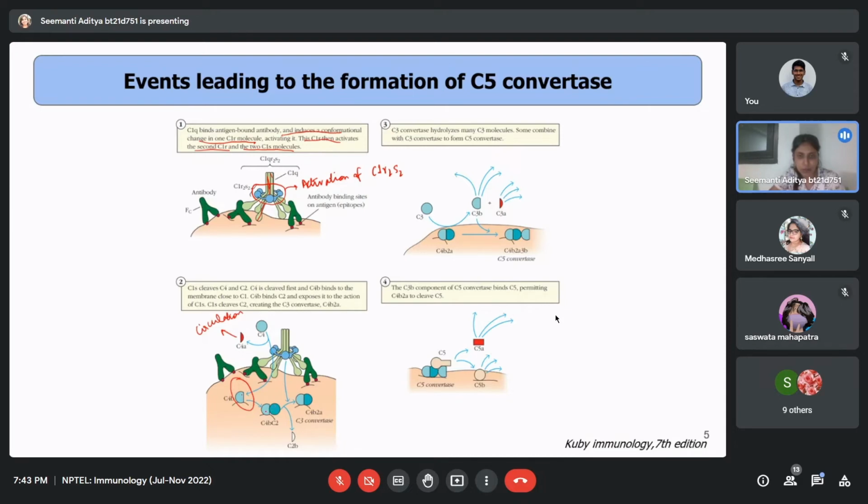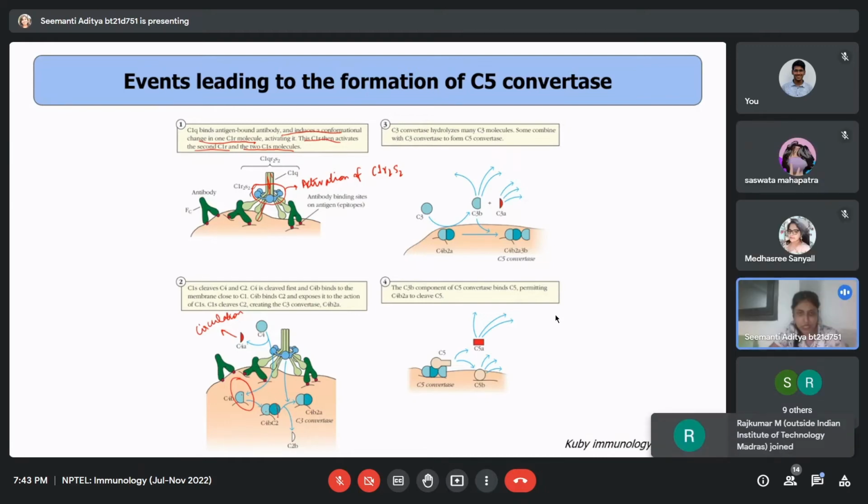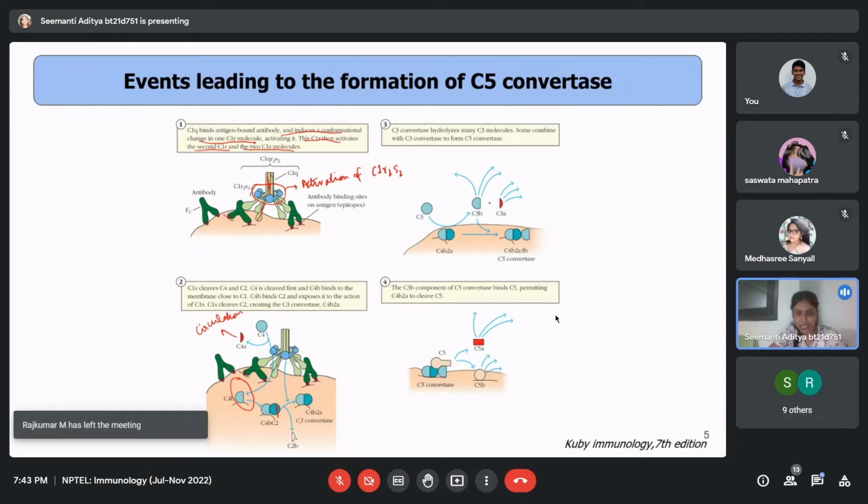Here the complex will cleave C2 into C2a and C2b, where C2a will remain. So this is getting cleaved into half. C2a remains bound to the C4b, and the C2b gets again released into the circulation. This C4b C2a complex is known as the C3 convertase.